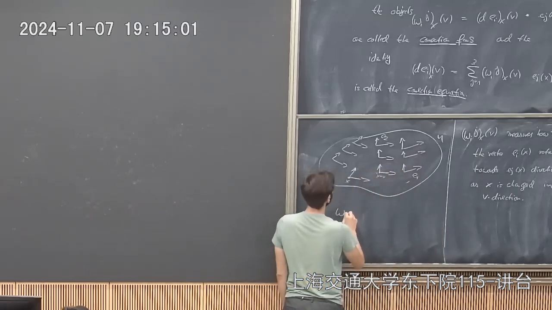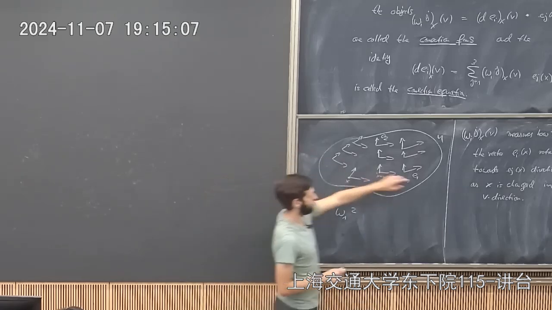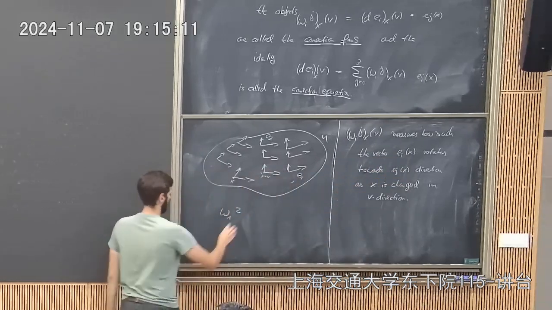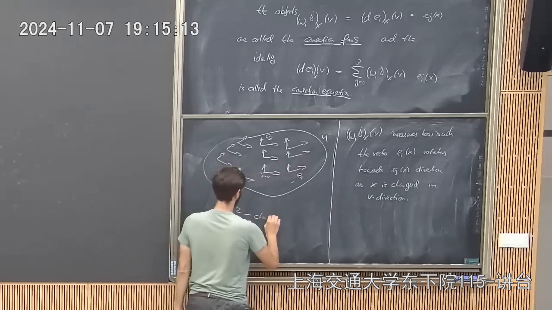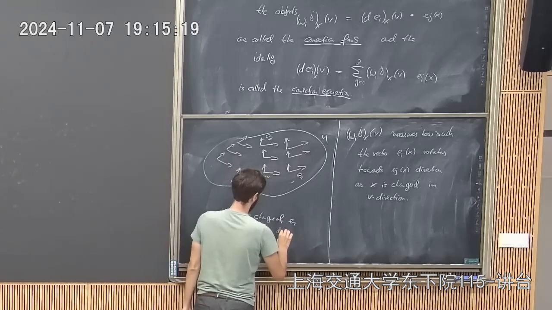So omega_12 measures the change of E1 in the E2 direction.